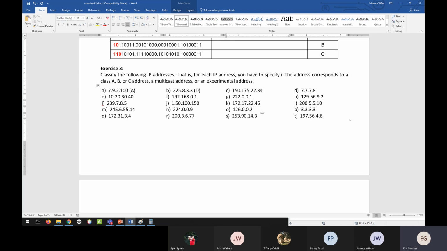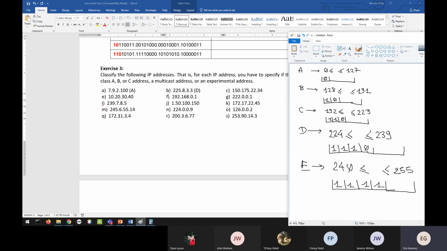How did you know it was a multicast address? Because the first byte is between 224 and 239. So if it's class D and above, it's a multicast, or? No. D is multicast. Just D. E is experimental. And A, B, C are unicast.